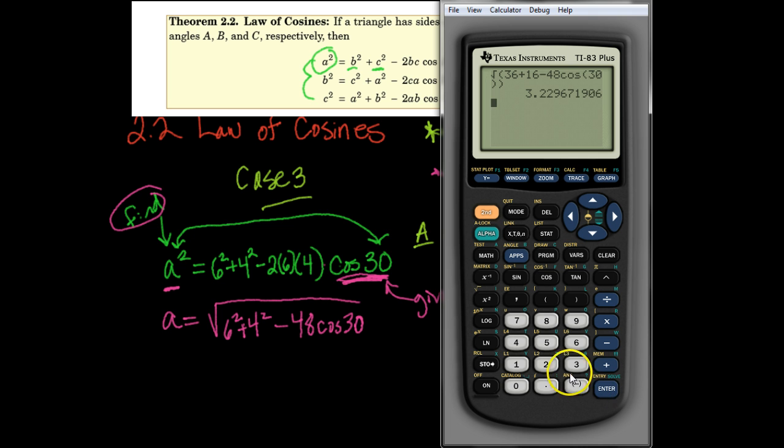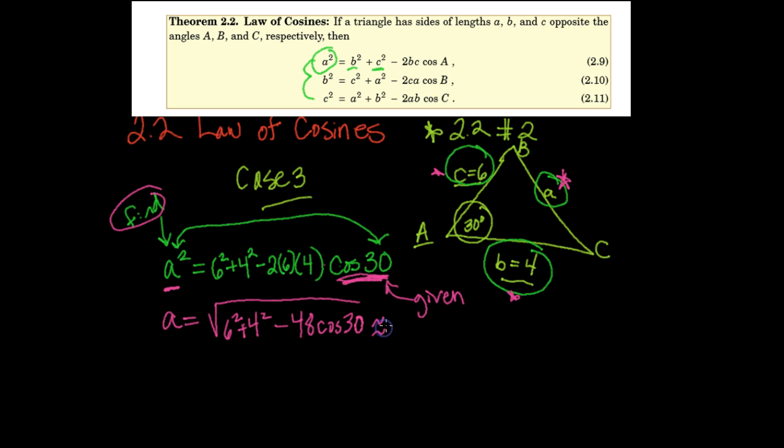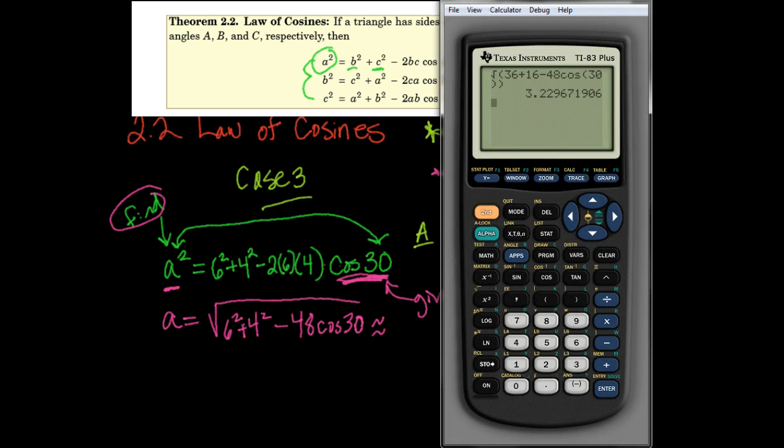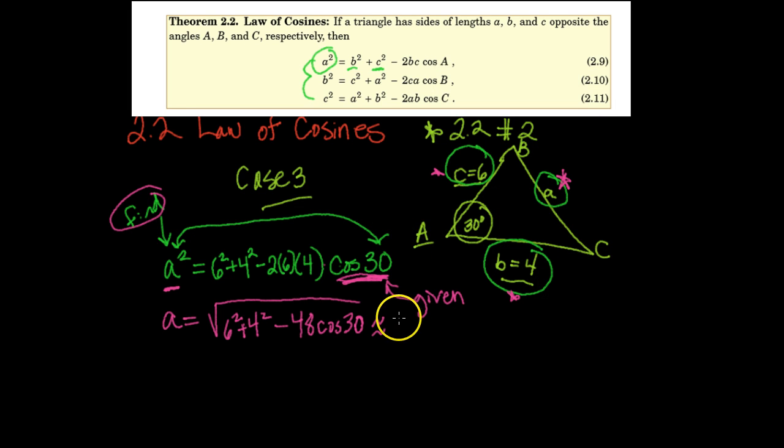And it's going to give you, so that tells me that A is approximately 3.22, I believe. Yeah, we'll say 3.23. So that's this side right here.